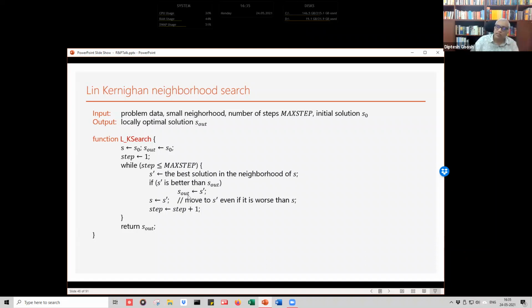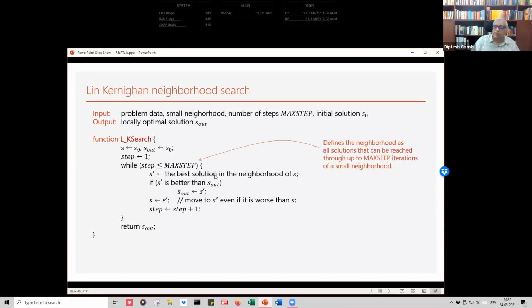Otherwise, in a local search, I would have stopped. Here, I just move to the new solution, even if it is worse than my current solution, and continue. At the end of max step, I find the best solution which I have achieved in all these steps that I've run, and output that. So that is precisely what I have done.